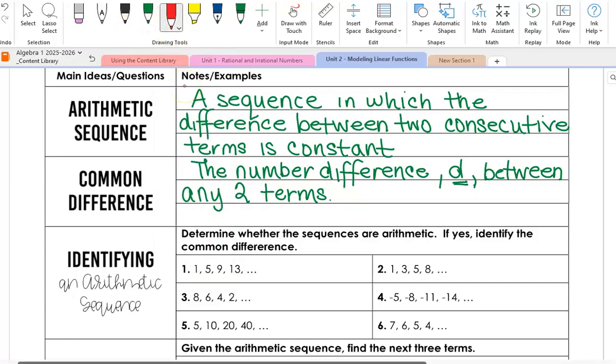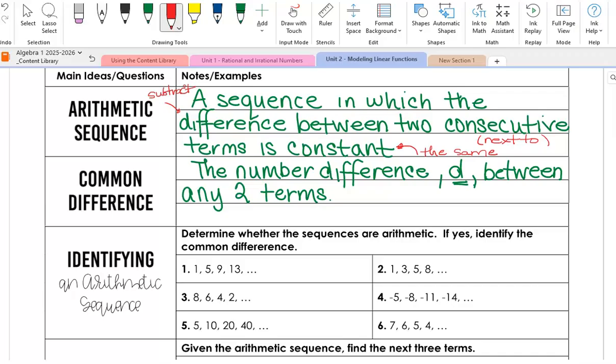So difference here, we're talking about subtracting. Okay, subtract. Between two consecutive, this means next to. Two numbers that are next to each other is constant, and constant means the same.